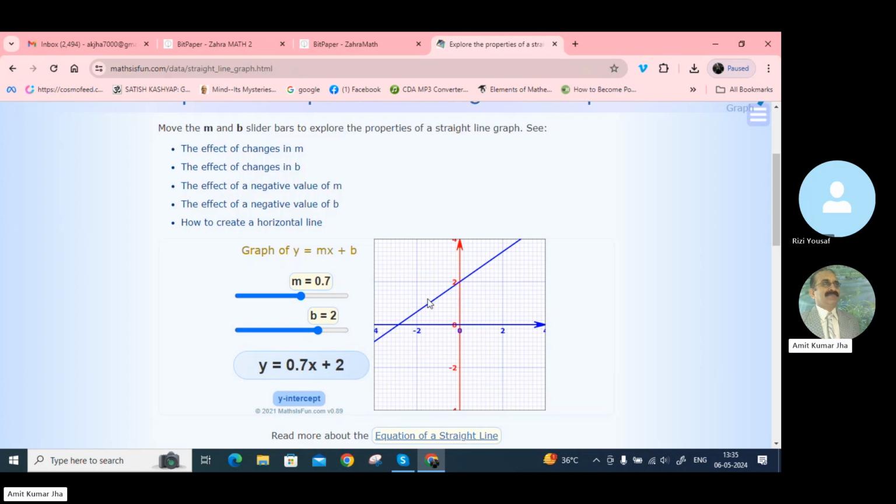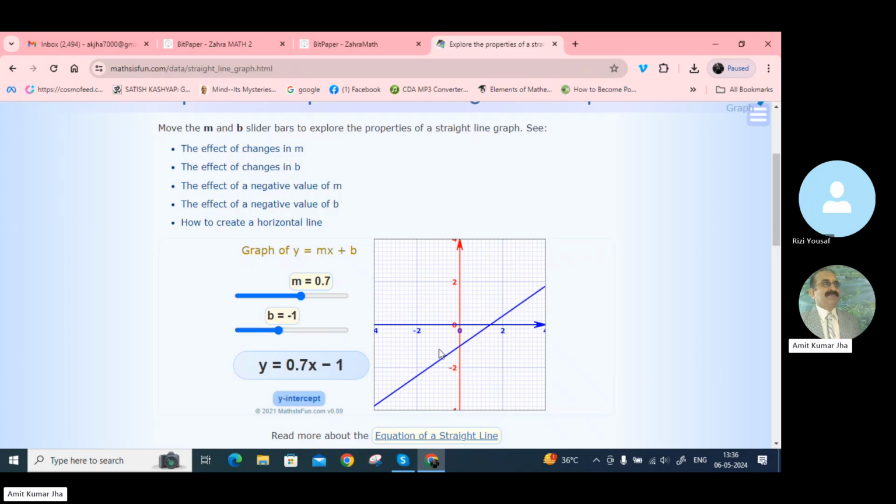And now check where this line is meeting the y-axis. At the y-axis x is 0. It is meeting the y-axis at point 2. That is why b is 2. B can be any value, whether positive or negative. Till now, b is 0.9, b is 0.7. Now see what b is: b is minus 0.8, b is minus 1 here.